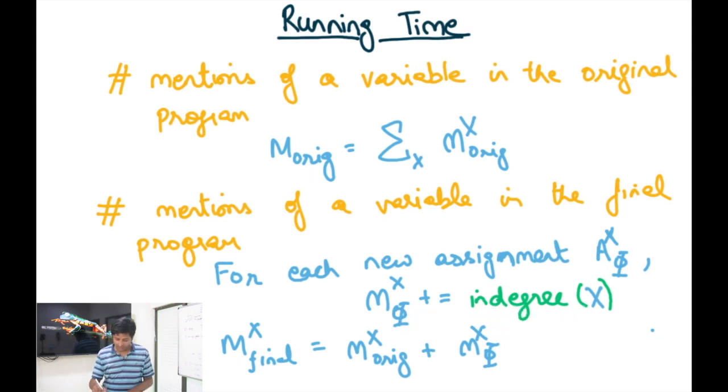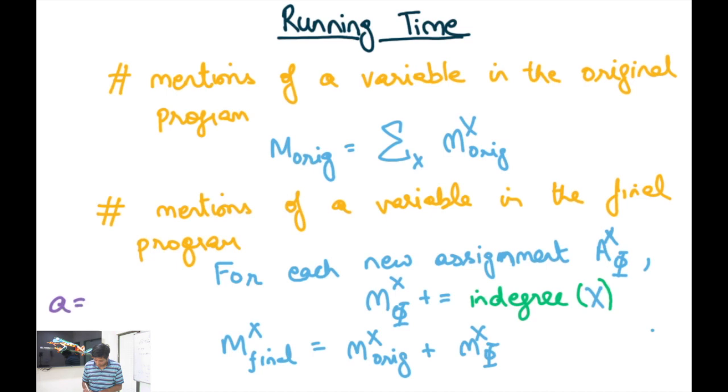Because if the new instruction is something like a equals phi(a1, a2, ...), then the number of mentions in this single instruction is proportional to the in-degree, or the number of incoming edges at this node.